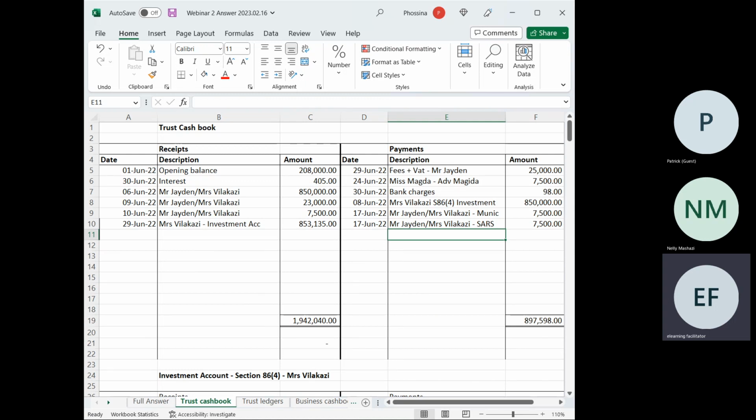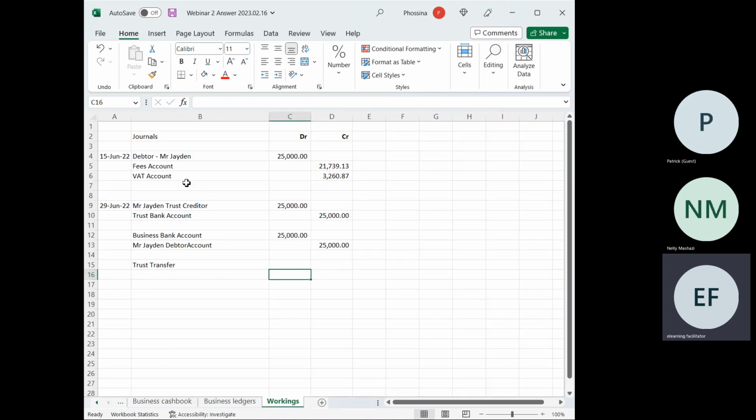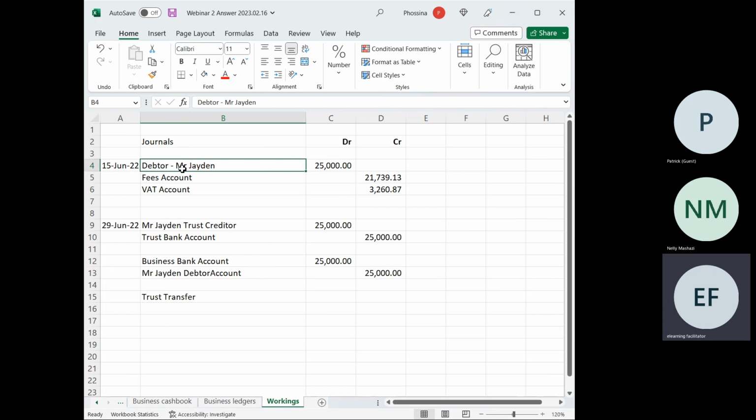When we raise an invoice, we raise it in our business transactions, which means we go to our business ledgers. Raising an invoice affects our debtor, which is the client, our fee account, and our VAT account.